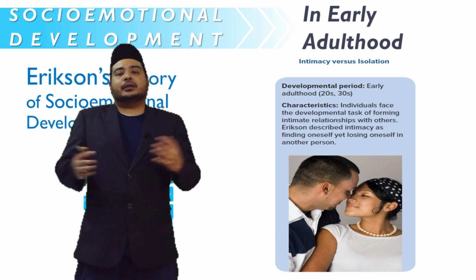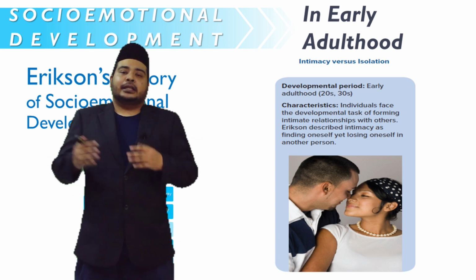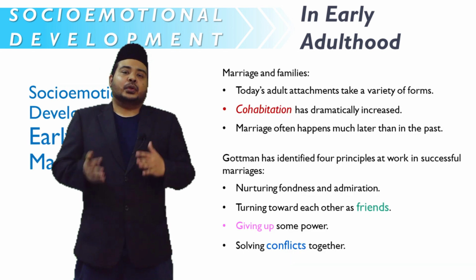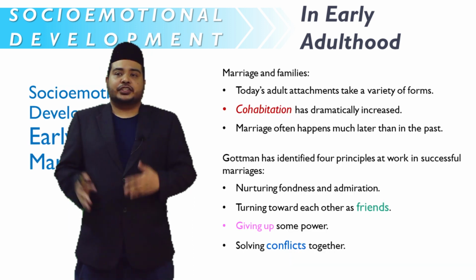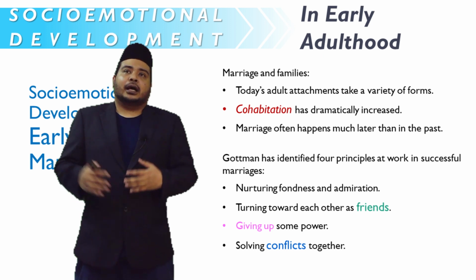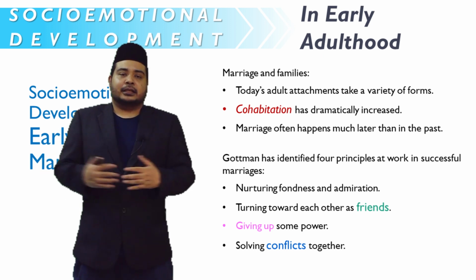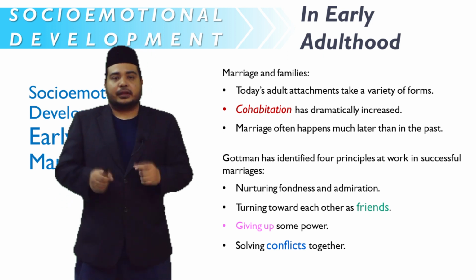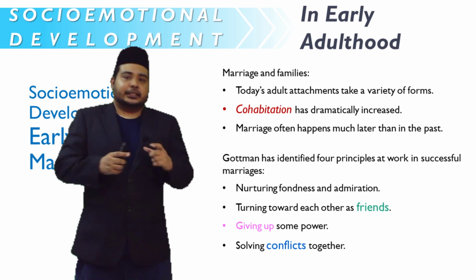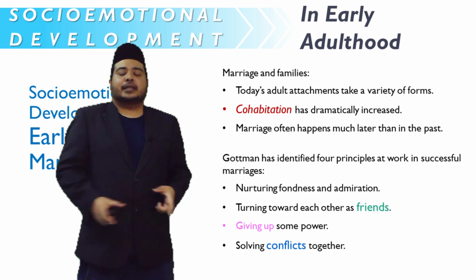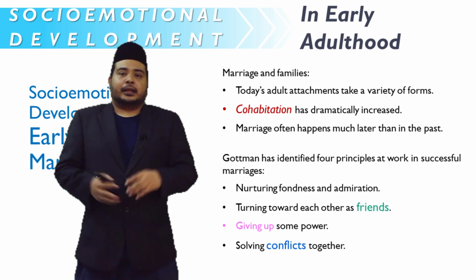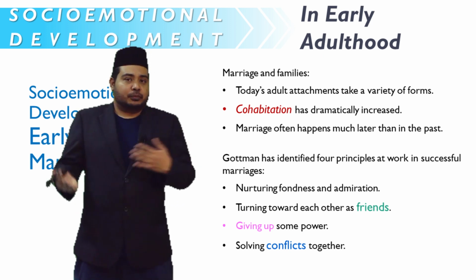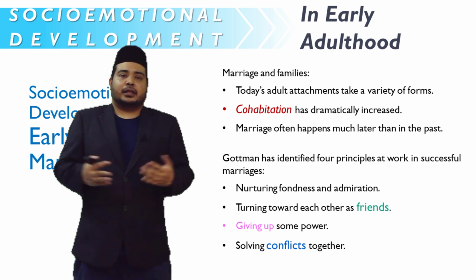When we talk about marriage, developmental psychologists also look at the trend of marriage in this globalized era. Marriage and family are very important social events that happen in one's life. Today, adult attachments or relationships take a variety of forms.